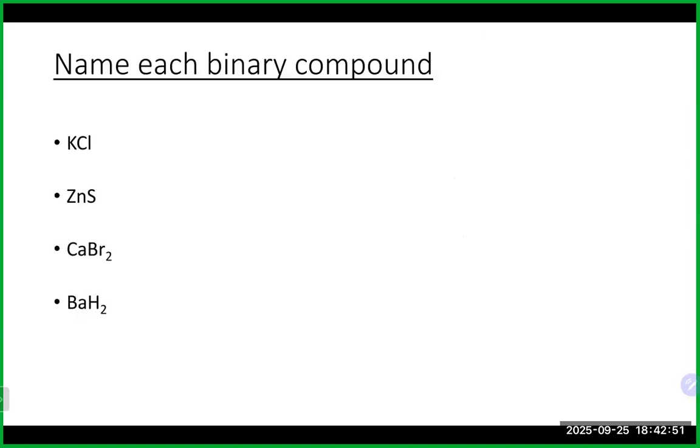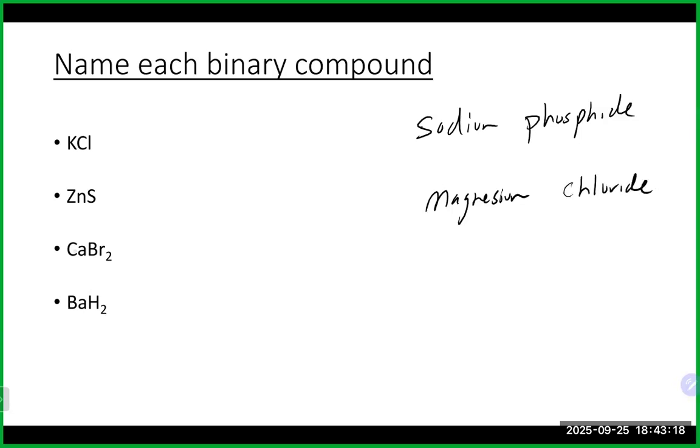All right, so why don't you take a moment here and name these? Why don't you also write the formulas for, let's do sodium phosphide. Let's do magnesium chloride. Actually, we'll swap this one out for something different since we already did that one.